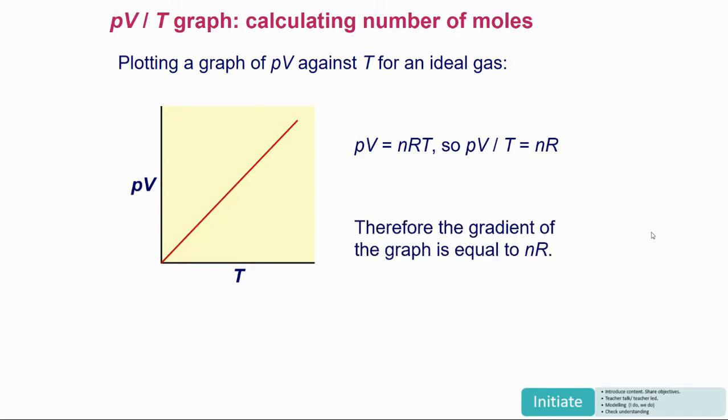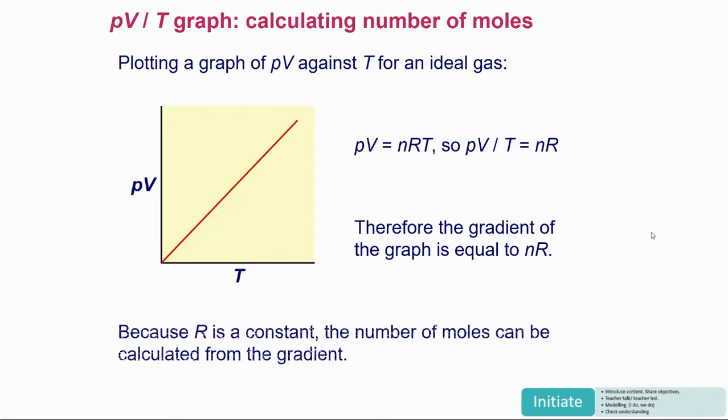And so if we plot PV against T, our gradient is the number of moles from the experiment times by this constant, which is R. Now, all the other things we can measure: pressure, temperature, volume, and the number of moles of a substance. We can weigh them to find the number of moles. So this is how we find the gas constant.